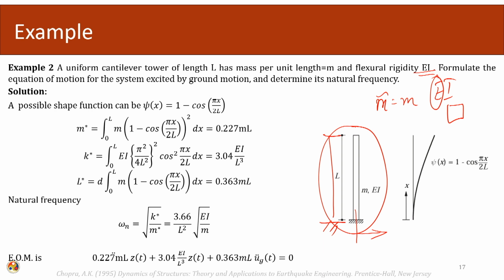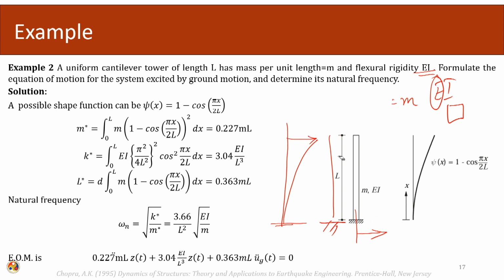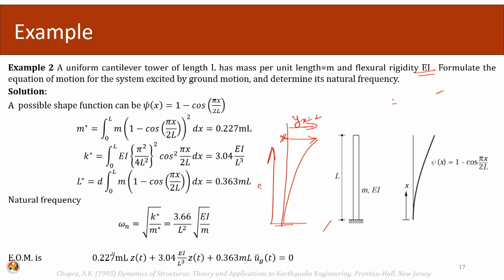Earlier, in the previous example, we saw that we can formulate the equation of motion using the deflection equations. One way is to choose my degree of freedom first. Let us say I choose the horizontal displacement at the free end, y at x equals L, if I am calculating x from here.